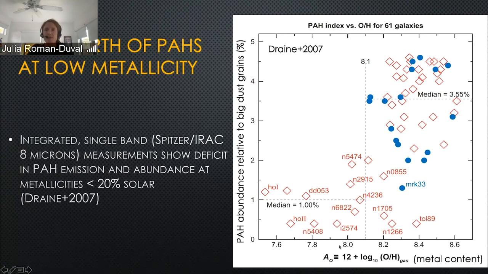And in the high metallicity, sort of Milky Way-like galaxies that are in the right cloud of points here, the PAH abundance is roughly 4%. But in contrast, in the low metallicity galaxies, so those galaxies that are 1/10 or 1% solar, there is a strong deficit of those PAH molecules and the corresponding emission. And we don't really know why.